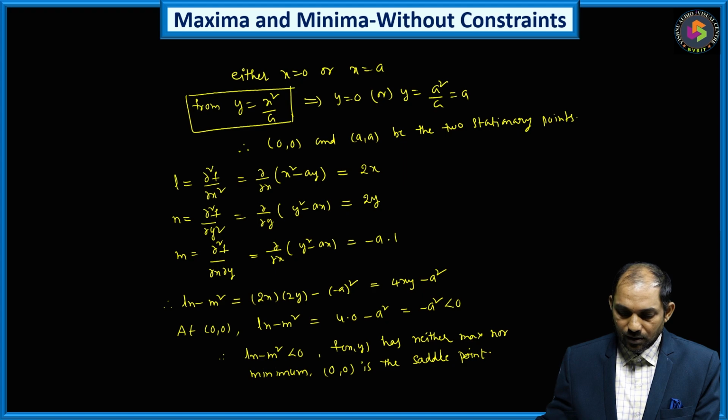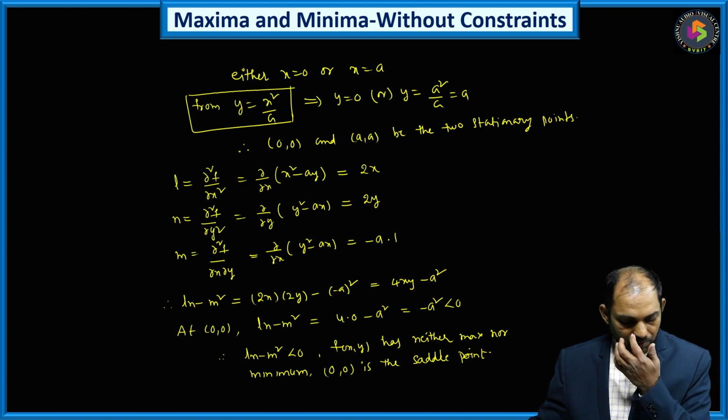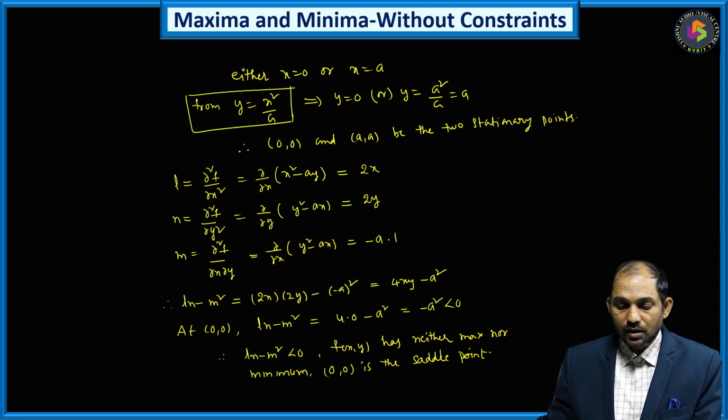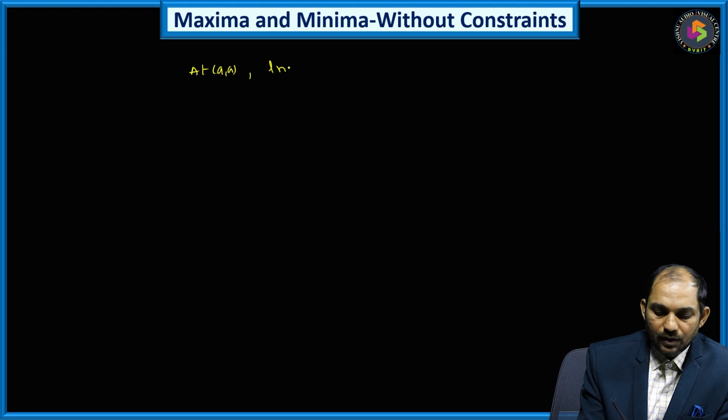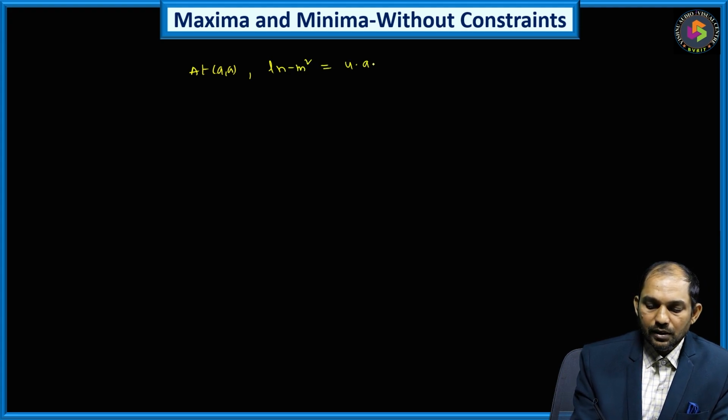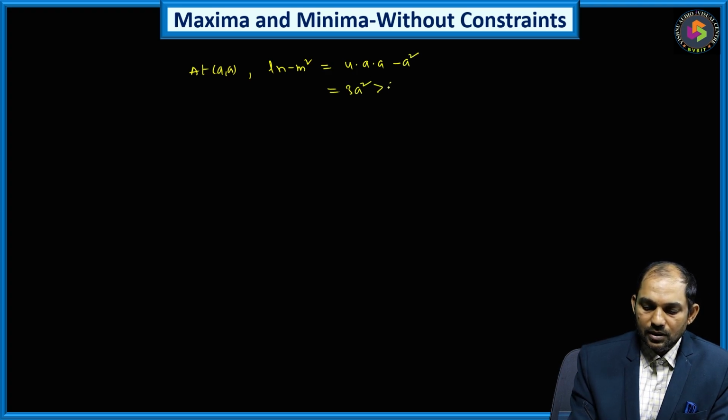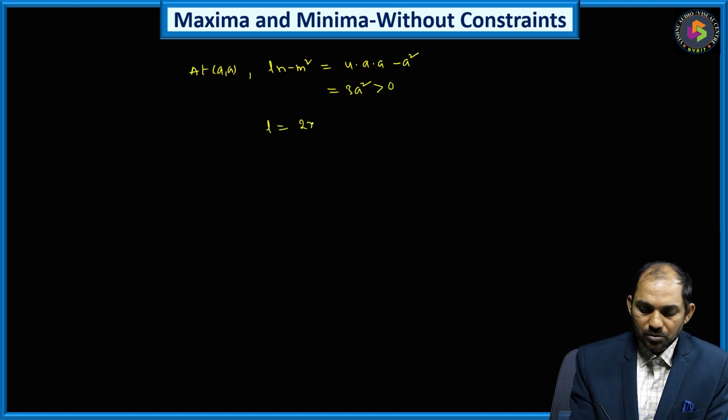Now let us see the sign of ln minus m² at another stationary point, a comma a. At a comma a, ln minus m² is equal to 4 times a² minus a². It is 3a², and 3a² is greater than 0. And L is given by the expression 2x.